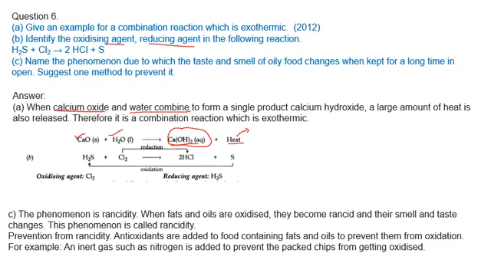H2S plus chlorine gives you HCl and S. Now what is an oxidation reaction? Oxidation can be the addition of oxygen or the losing of hydrogen, right? So here what is happening to hydrogen sulfide? I can see that hydrogen is removed from the sulfur, so this is an oxidation reaction.